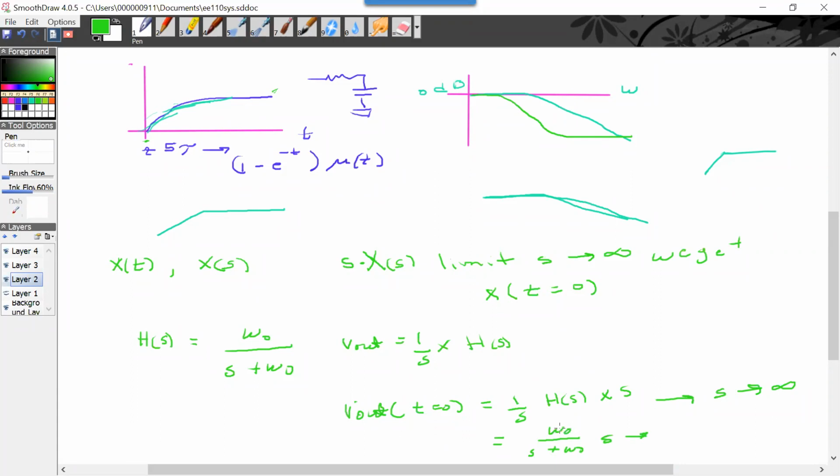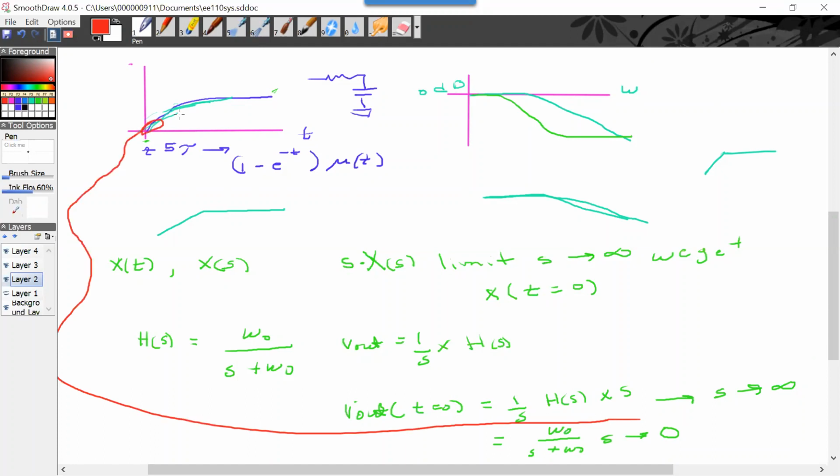We get omega naught divided by infinity plus omega naught, which gives us 0. So that 0 gives us that point right there.